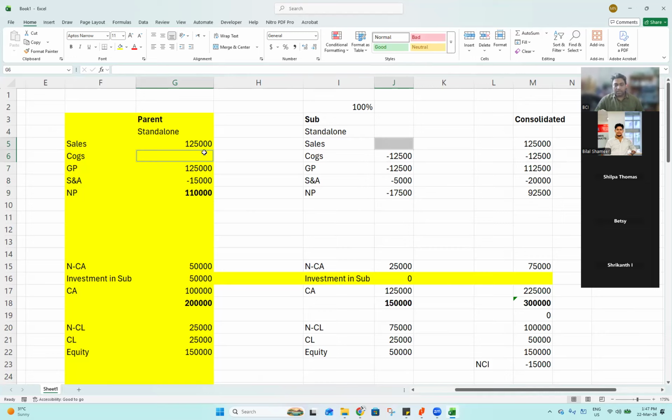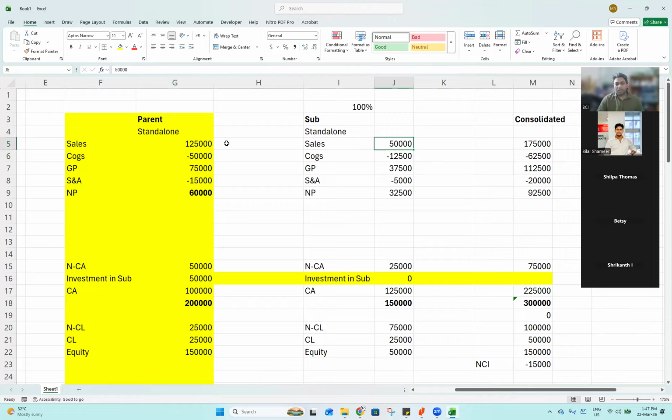One more thing was there. Two things. If you're doing a purchase and sale between the parent and the subsidiary, you can either eliminate the whole purchase and sale, or you can simply adjust in the stock. Why?